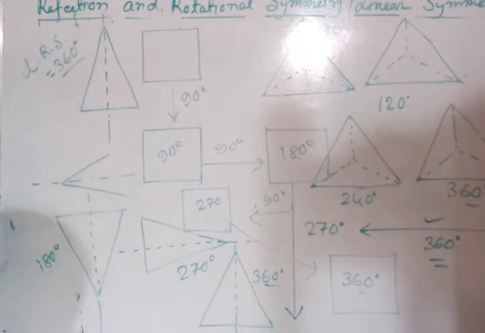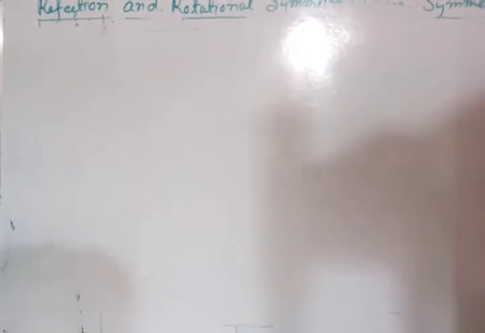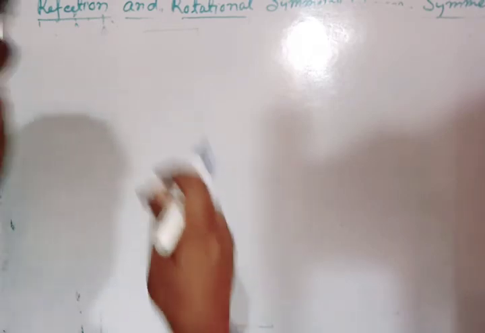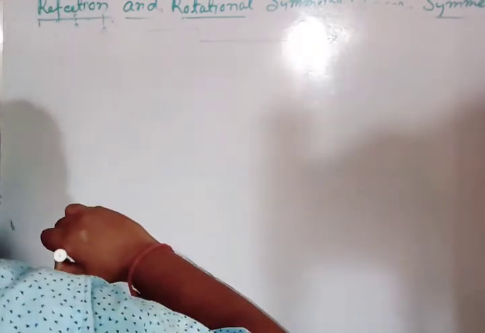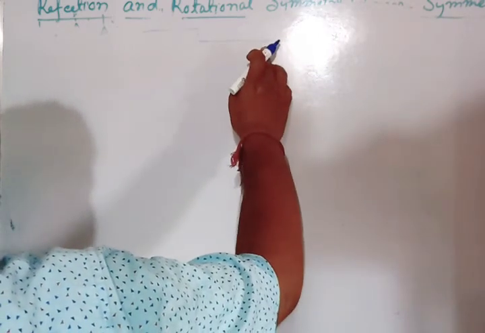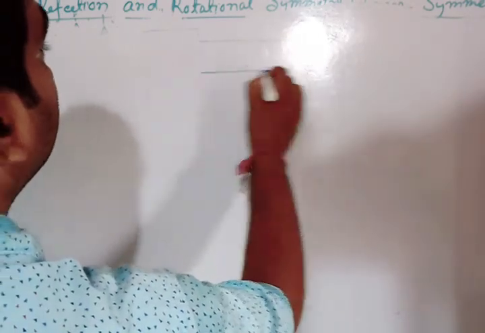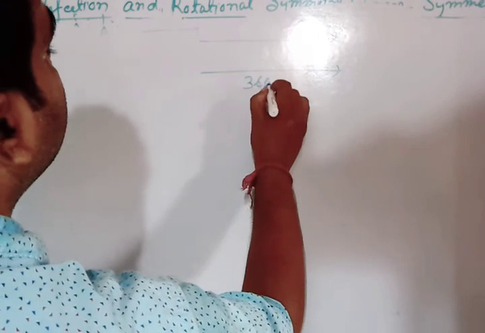Next take another figure, some alphabet. And one thing that I want to tell you is that for this line, we are getting a symmetry in 360 degree.